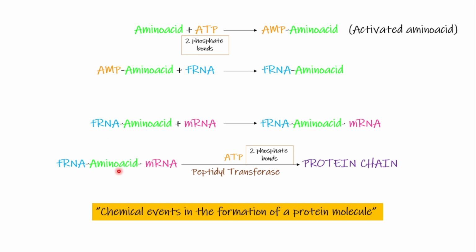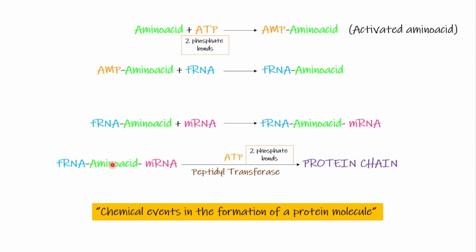This amino acid will get attached to the other amino acid formed from the previous codon. And for this purpose, there is an enzyme, peptidyl transferase. Now this peptidyl transferase will come, and this will form a bond between two adjacent amino acids.